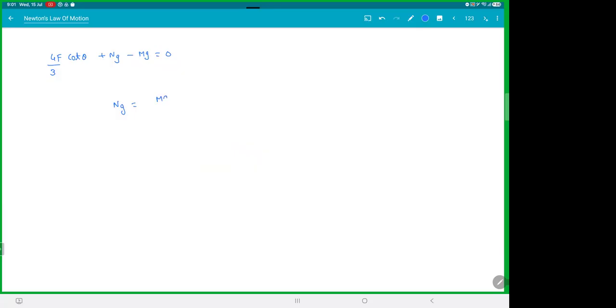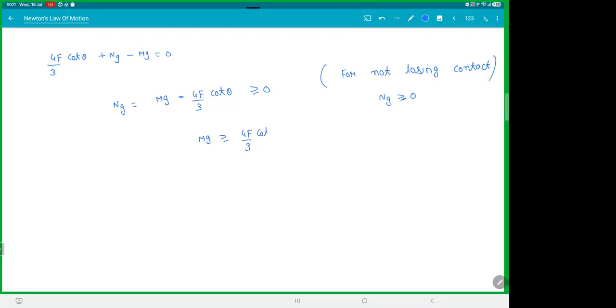N ground is mg minus 4F by 3 cot theta. Since you don't want to lose contact, for not losing contact, N ground must be greater than or equal to 0, where equal to 0 is just a limiting case. This would be mg is greater than or equal to 4F by 3 cot theta.